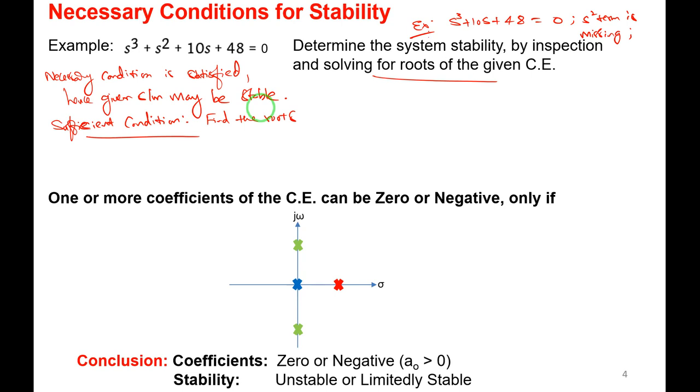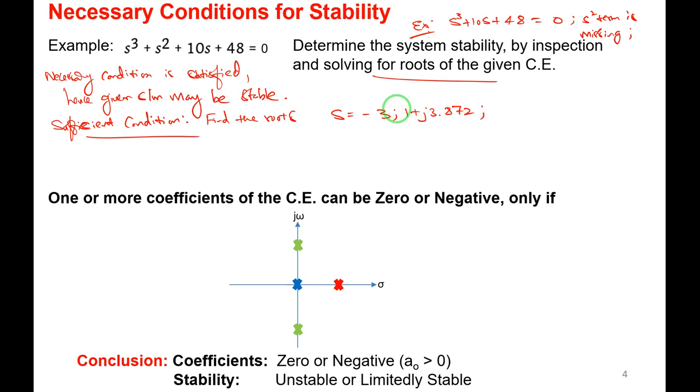Yes, it's asking for the value of a, it is 1, the s cube coefficient, the s square coefficient is also 1, the s coefficient is 10, then the constant term is 48. So I'll write the roots I am getting. s equal to minus 3 is one of the roots. The second root is 1 plus j 3.872. This is another root.